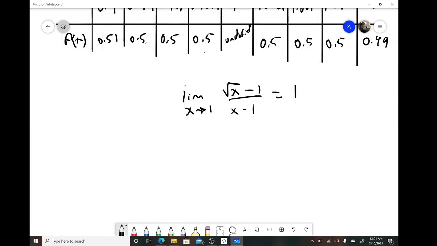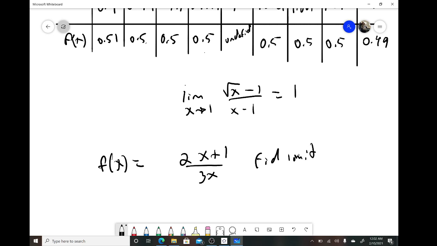So if I give you a function like f of x equals 2x plus 1 over 3x, and I told you find the limit as x goes to 5. And again, I'm going to say goes to or approaches when I'm talking about limits.